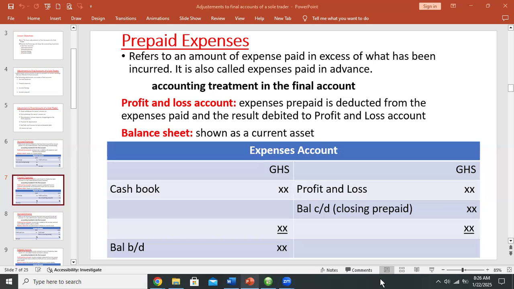Any other professor to add on? Frank, you want to add your voice, or maybe Dameki, you want to say something to top up what Professor said? Okay, so I think that's the point. Expense prepaid here means that you have paid for the expense, but actually you haven't incurred the expense.